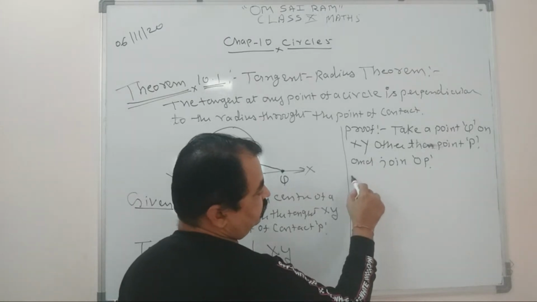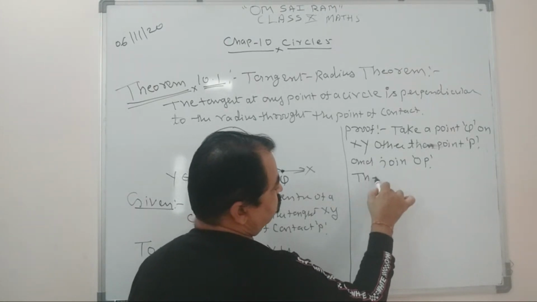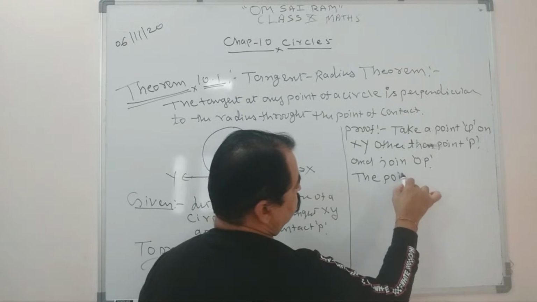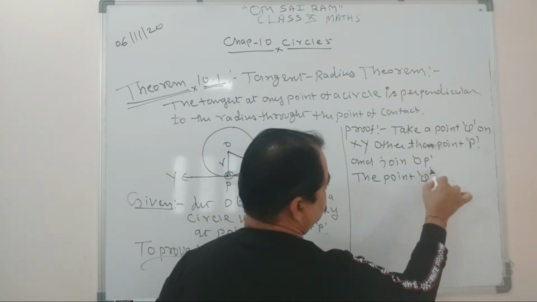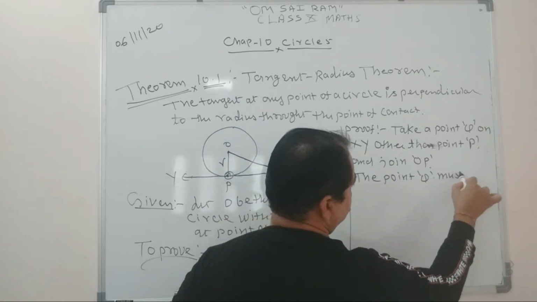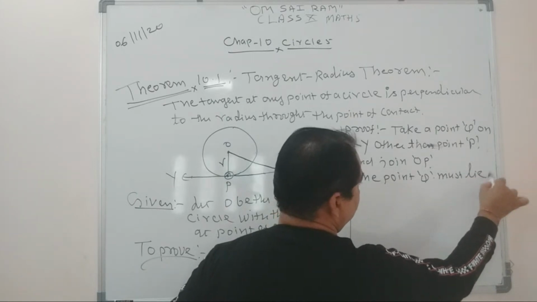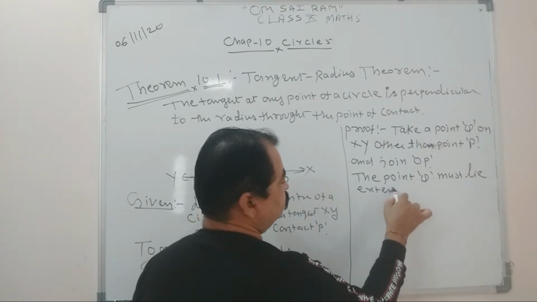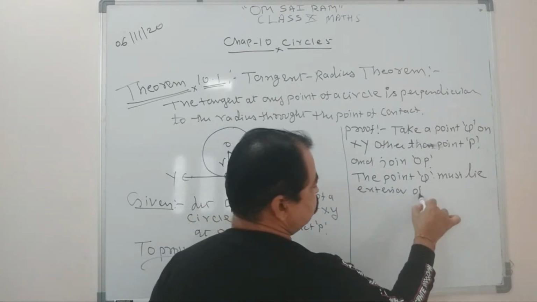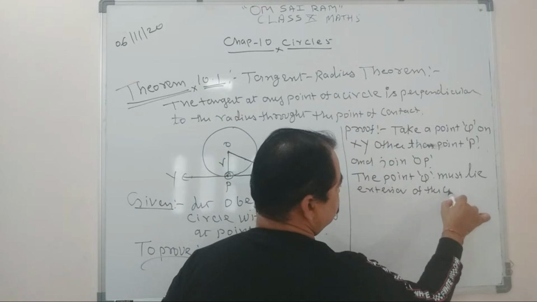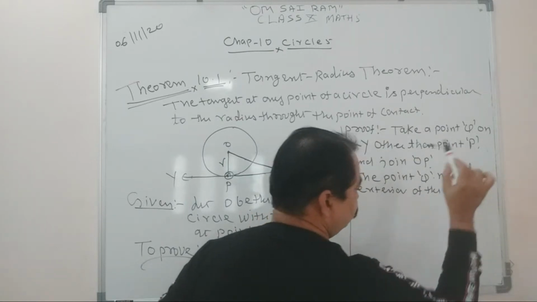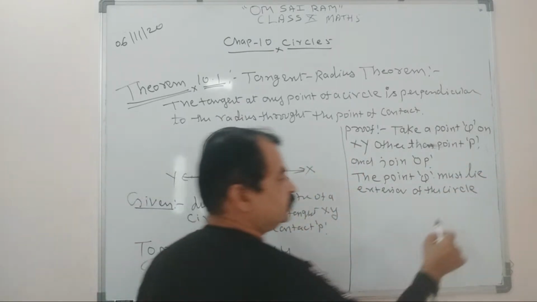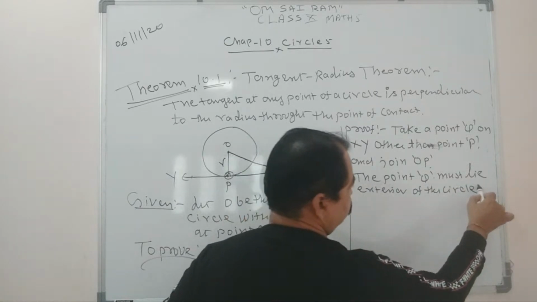So definitely the point Q must lie exterior of the circle, children. The point Q must lie exterior of the circle, right? Because, why? Give the reason also.